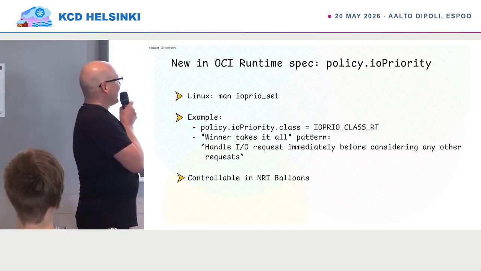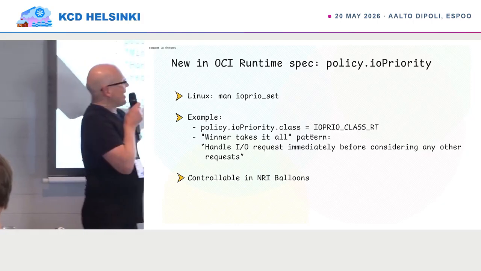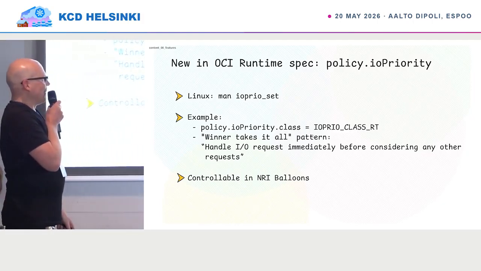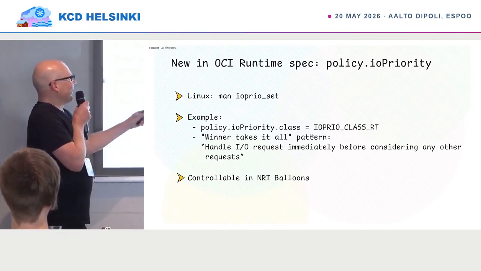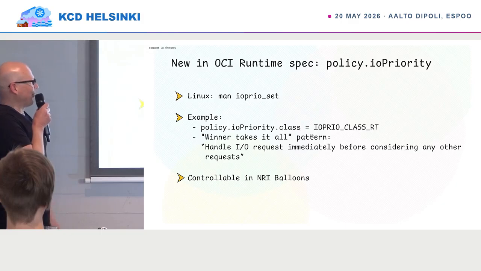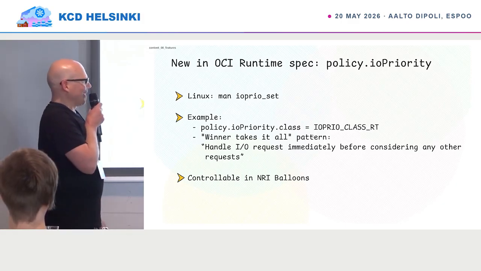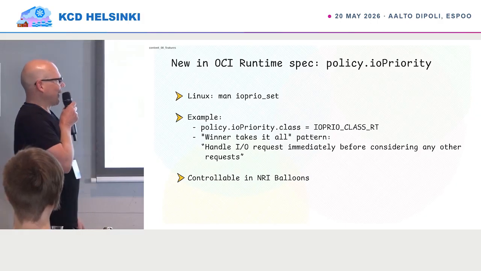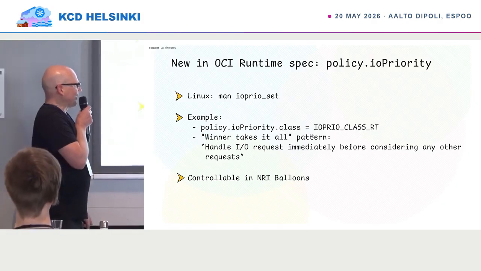And again, there is a class now with this real-time IO priority. And again, there is this winner takes it all pattern. So if there is one real-time class IO request in the queue, then that will be handled first and everyone else needs to wait in that case. Again, we have support for this in balloons.